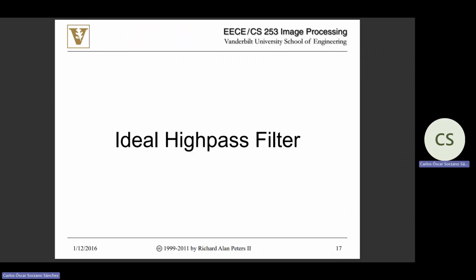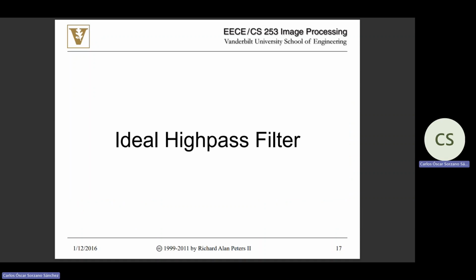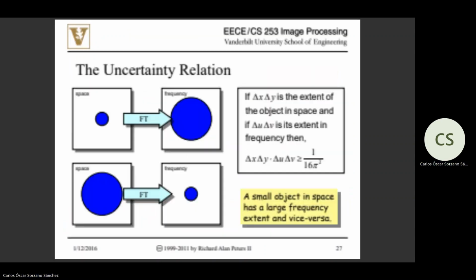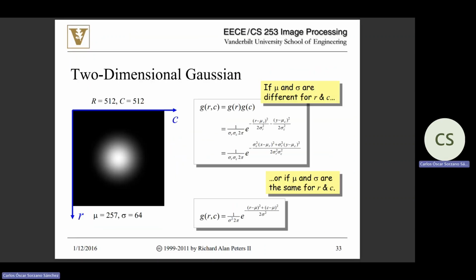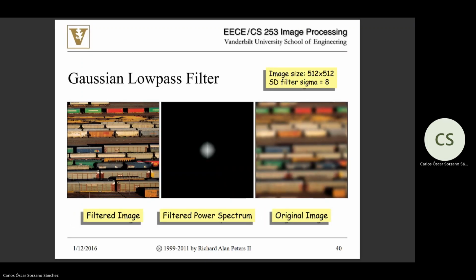Let's go to the ideal low pass. Now in the ideal low pass, we see the oscillations. And in the Gaussian low pass, there are no oscillations.